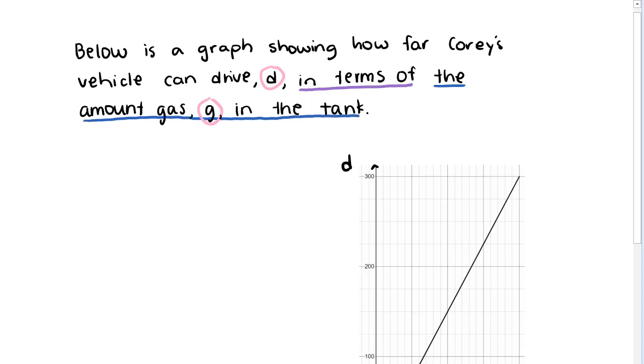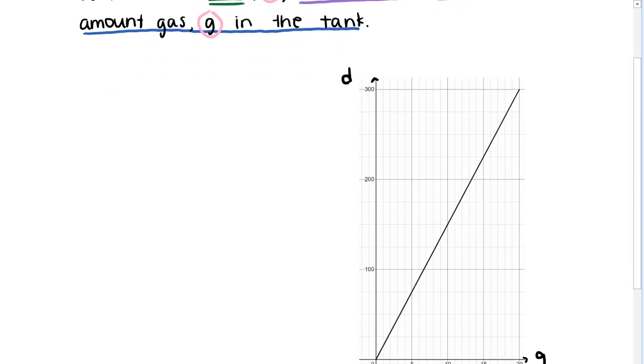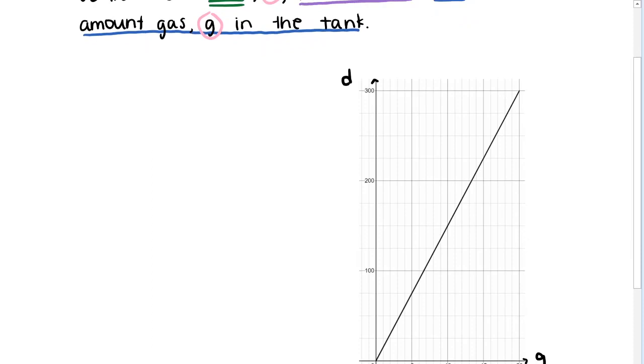That's the variable we can use to determine the other variable. Right? If we know the amount of gas in the tank, we can use that to determine how far Corey's vehicle can drive. And so here, this other variable, before the phrase "in terms of," that's usually our output variable. And that's really the case here in our graph as well.